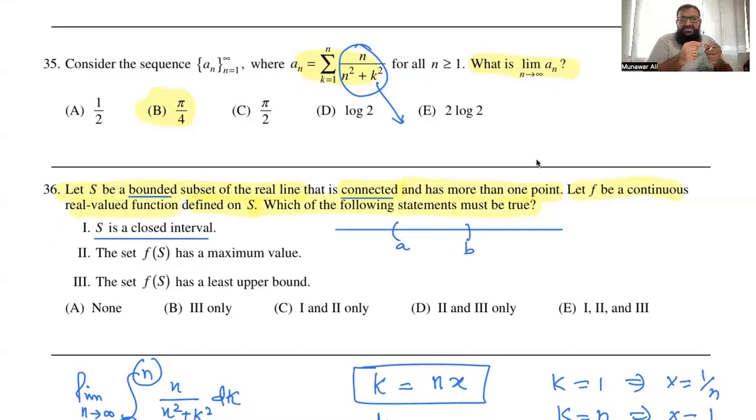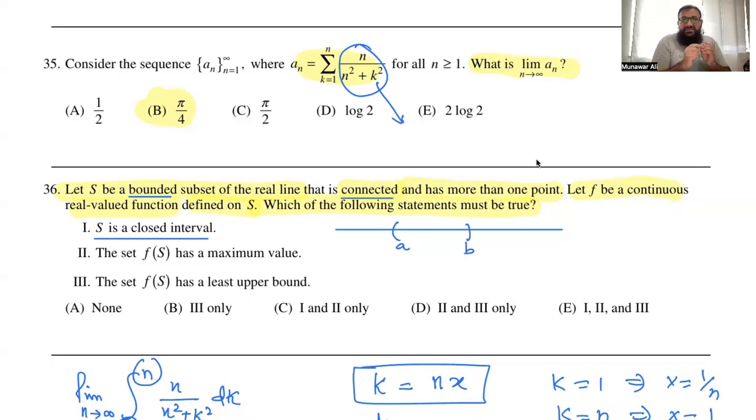Because if you take an interval from 2 to 5, then it has some sort of upper bound, let's say 5 or 6 or 7, and all the elements of the set are below that. So it is not necessarily a closed interval. It can be an open interval because an open interval is connected and bounded.